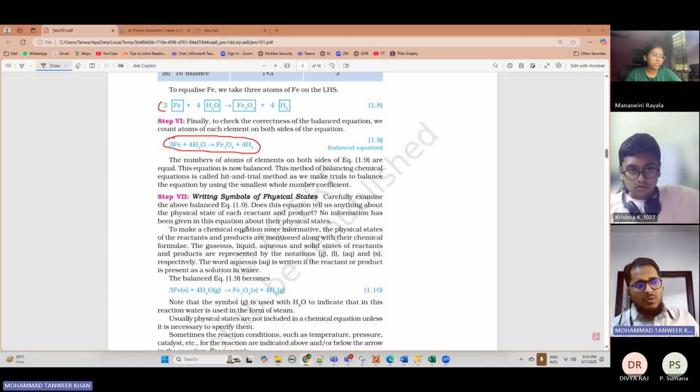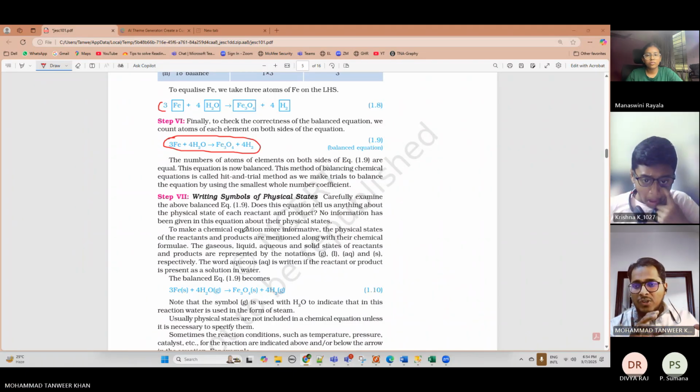To make a chemical equation more informative, the physical states of the reactants and products are mentioned along with the chemical formulae. It means along with the chemical formula, we should also mention what? Physical states.